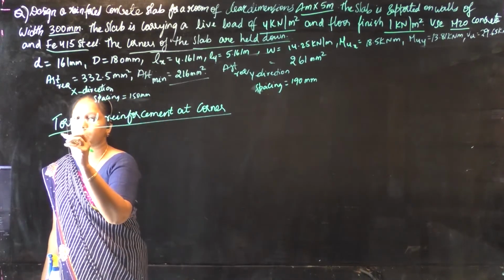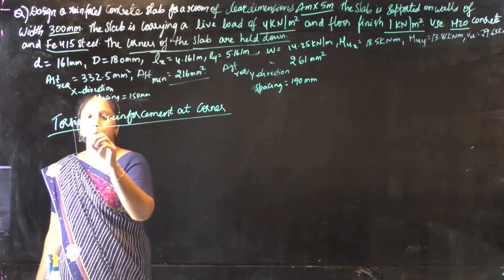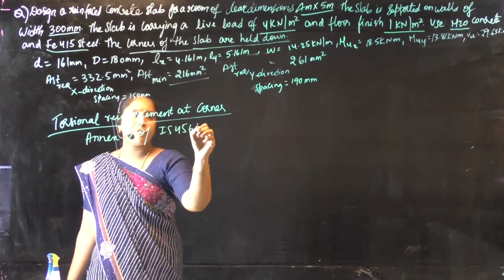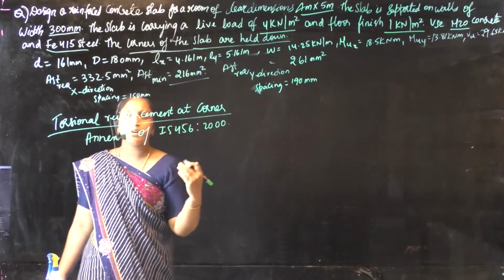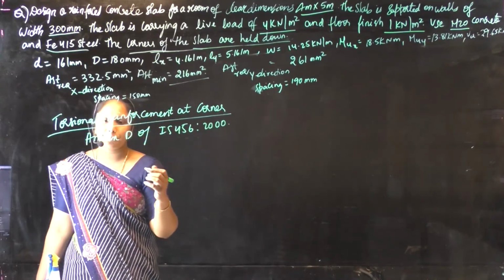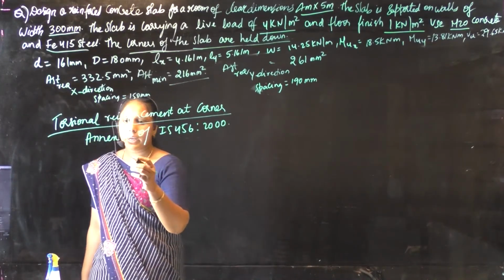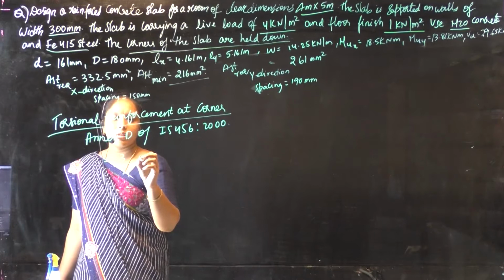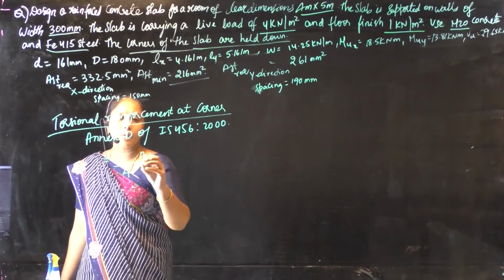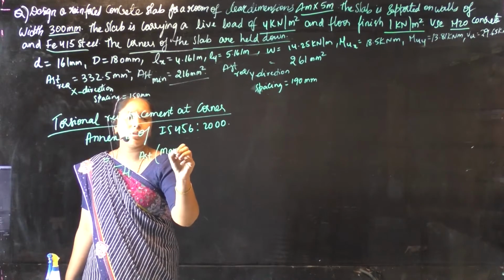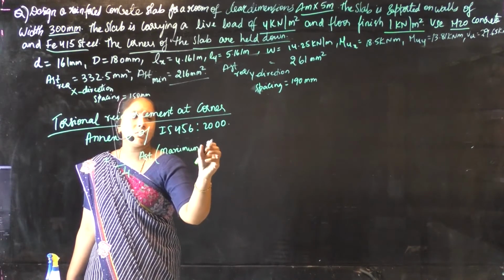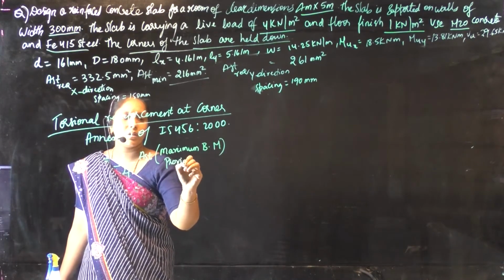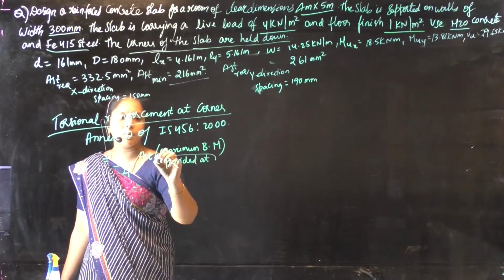So as per Annex D of IS 456/2000, what it recommends is the torsional reinforcement should be taken as 3/4 of the AST corresponding to maximum bending moment, that is the AST provided at maximum bending moment.